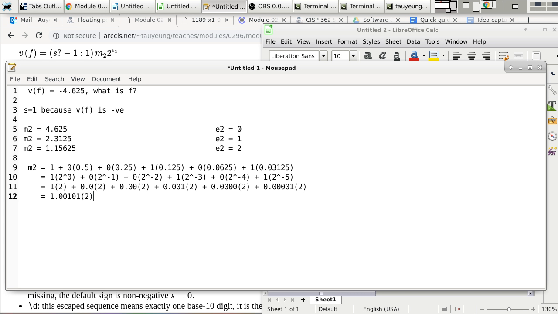We got E2. Oh wait, E2 doesn't quite translate to what we need. What do we need again? It's biased, right? So E2 is the biased version of the exponent. It is already biased by 1023. So we have to undo that subtraction of 1023 in order to go back to E, which is what we need to represent in bits in a double.